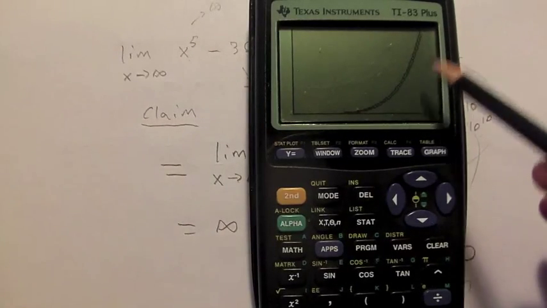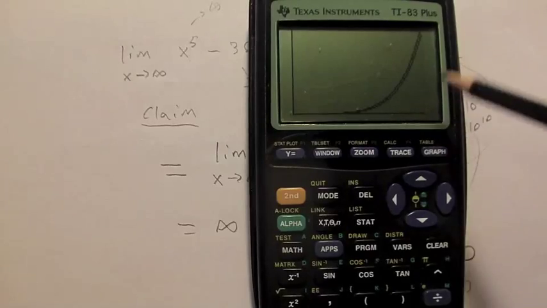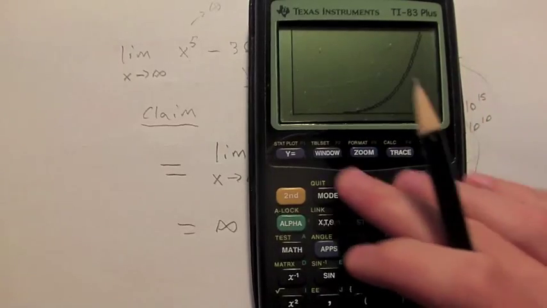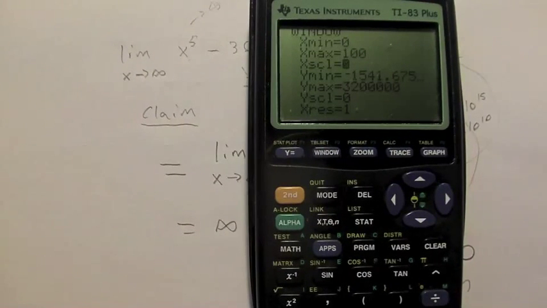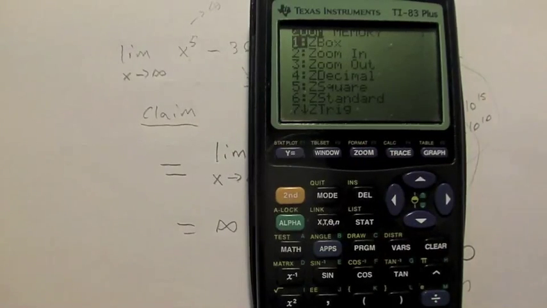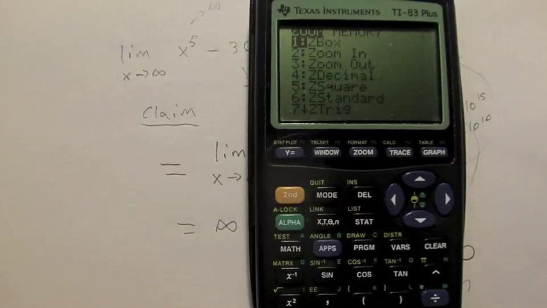I don't know if you can even see the difference on YouTube or not, but there's a very small difference. And if I was to go to something like 0 to 100, and let it graph.